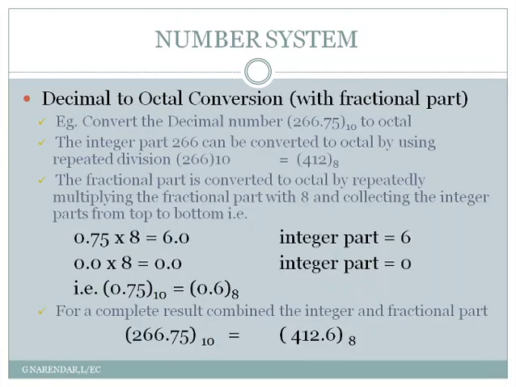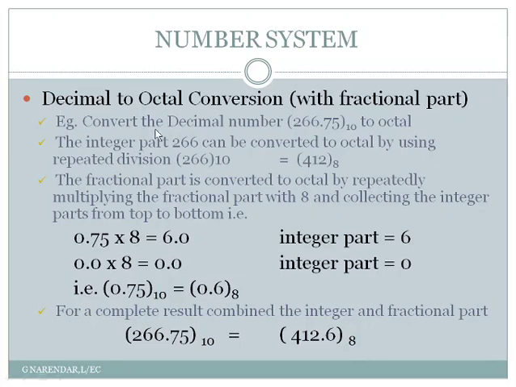Next we will see what if the decimal number that we want to convert into octal has a fractional part. The procedure remains the same as the previous one. So here we'll look at how to convert by taking an example.